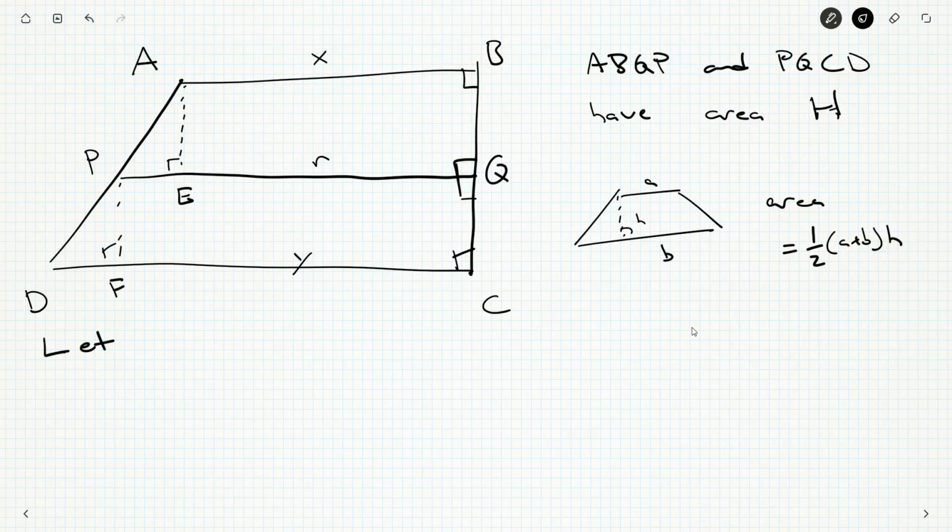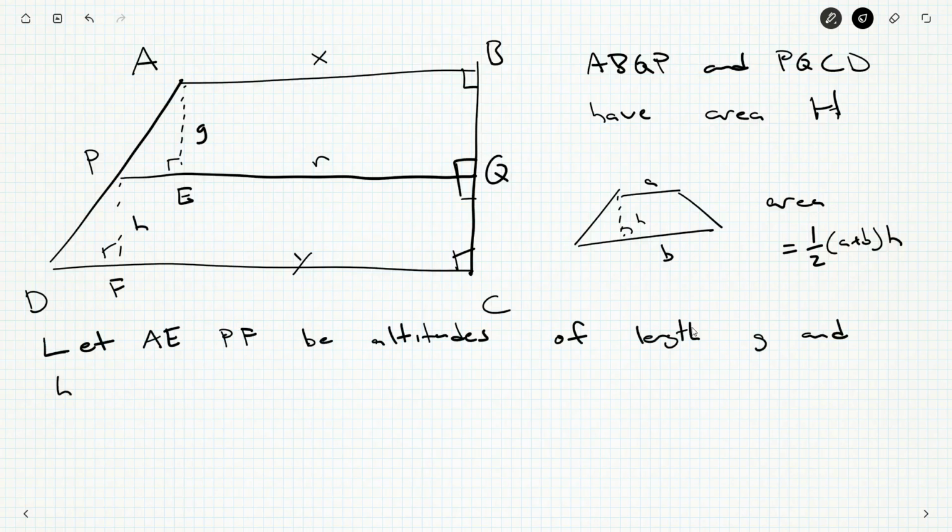So I'd probably say something like, let AE and PF be altitudes, and I'll call the lengths G and little h respectively. Okay, little h and capital H don't look too much alike, so that's okay.